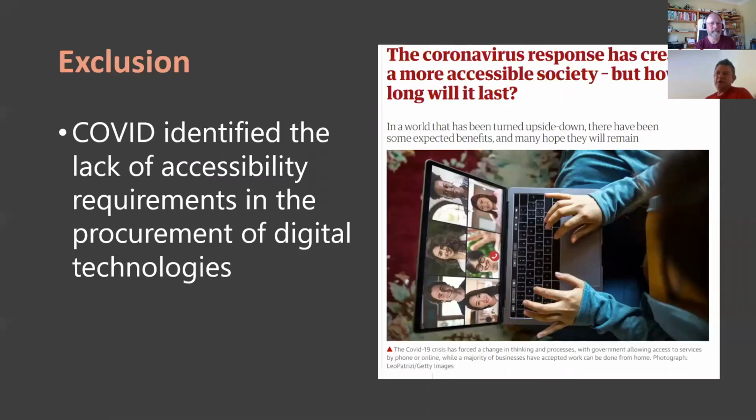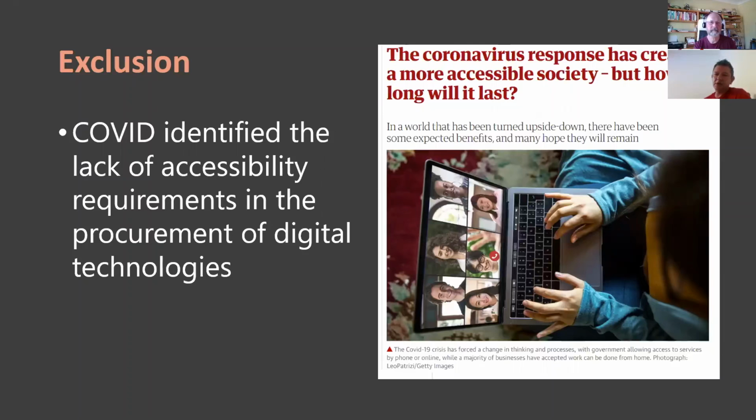During the COVID crisis that we're all living in at the moment, The Guardian reported how society had become more accessible. So the likes of Centrelink, education, workplaces, and conferences like what we're all joining today had suddenly gone online. But it exposed as well that there was a lack of accessibility in many of these systems.